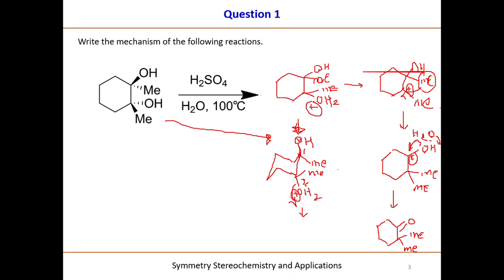This is the chair conformation. Here carbocation formation will take place.